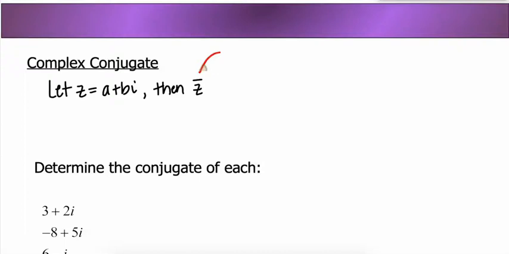So this bar right here means conjugate. And if we want to know what the conjugate of z is, the real part is going to keep its value. However, the imaginary part will change its sign. It's that simple.